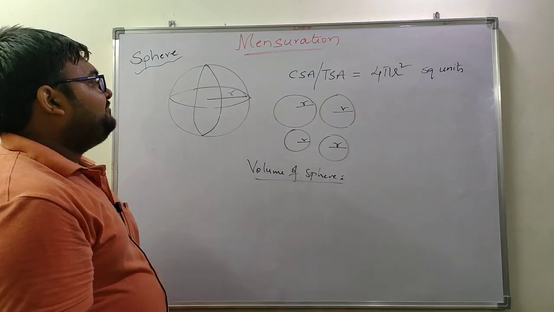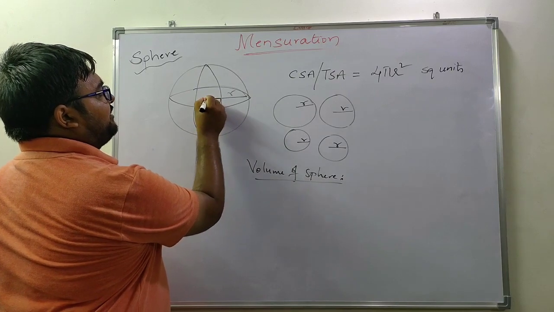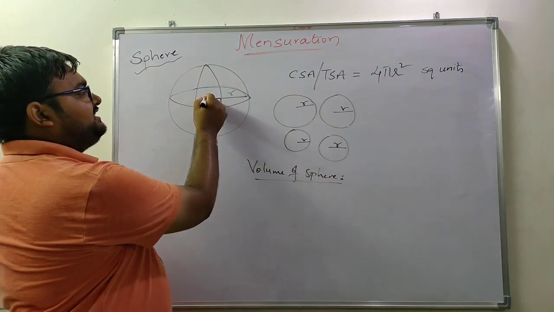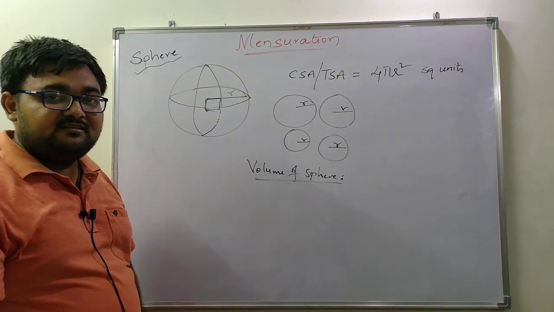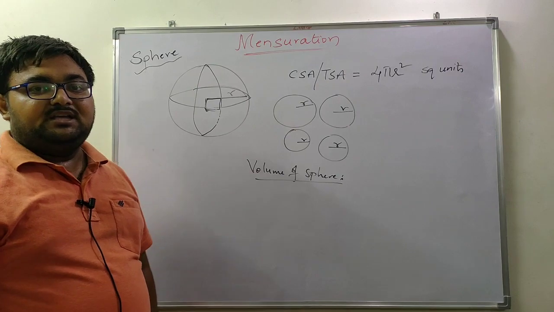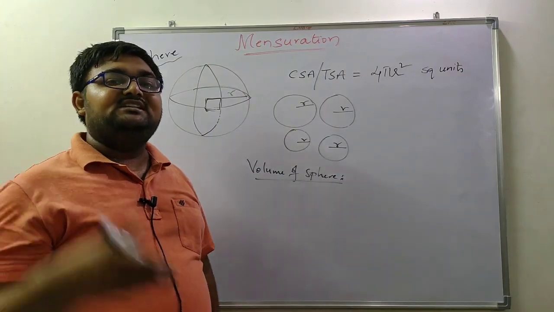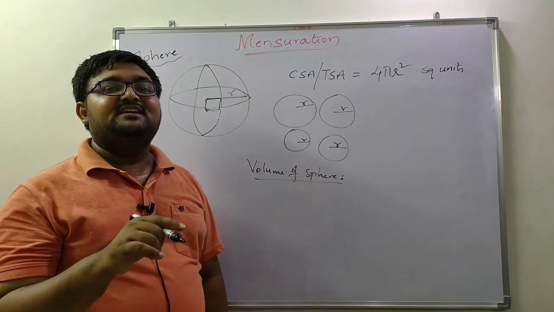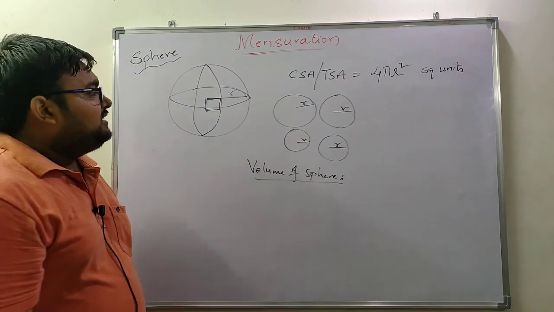Whenever I cut a pyramid, suppose I consider a particular square piece which is very small, and I cut using a knife and pierce it inside, that piercing will go inside to the center. Then what is the length of that piercing? That piercing will have length equal to the radius of the sphere, right?